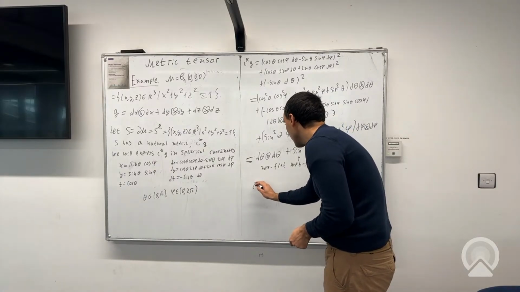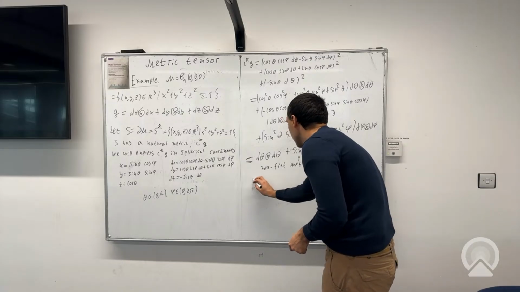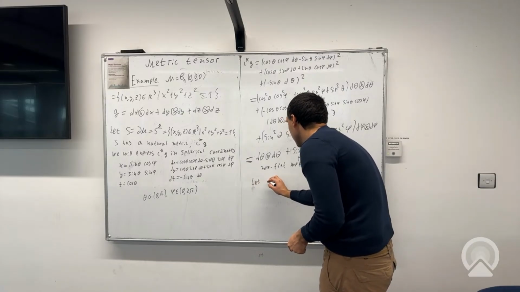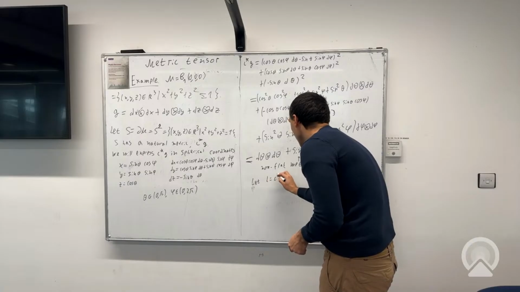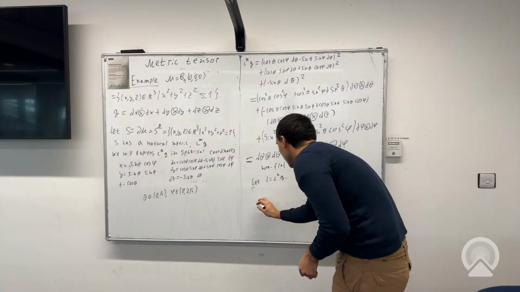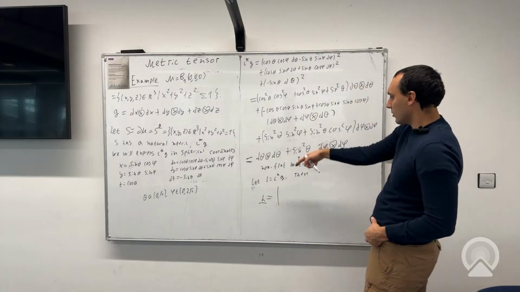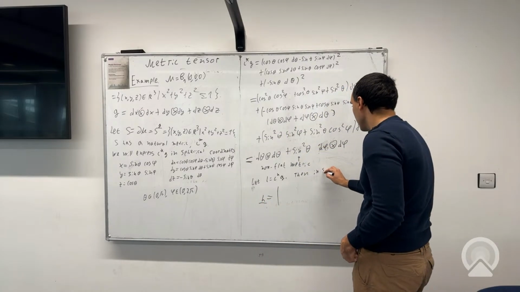Let H be I star G, then H is the following matrix in spherical coordinates.